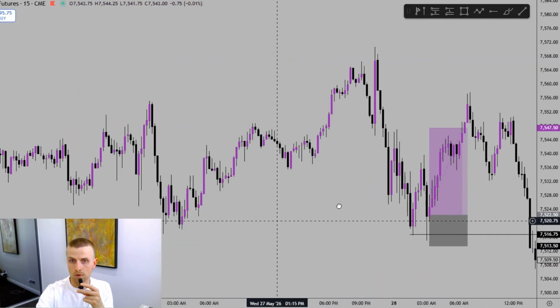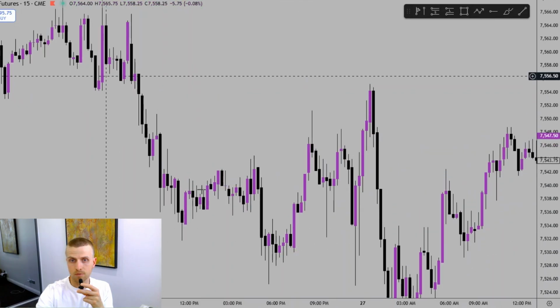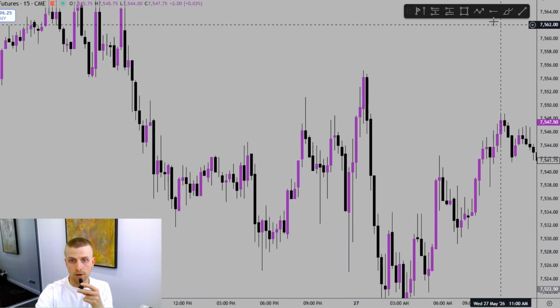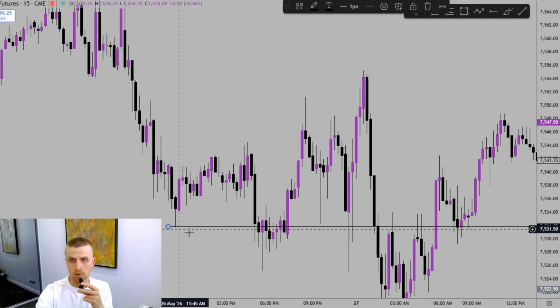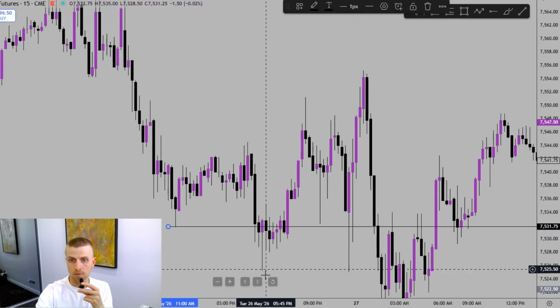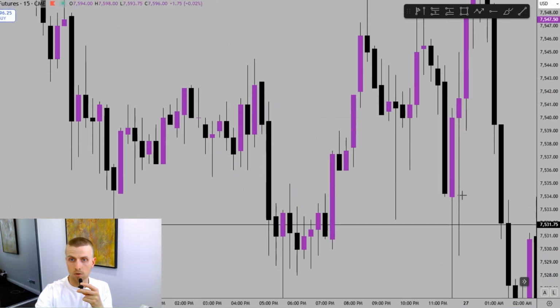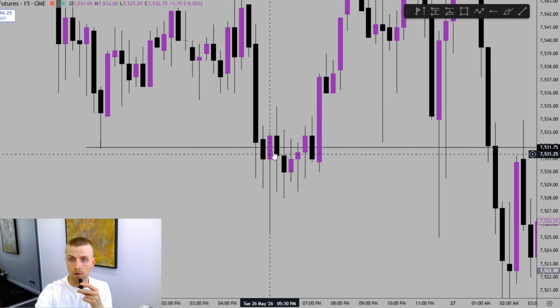We'll look for another example over here. We're trending down. You can see that price has swept this low here. So we're trending down. Price comes down. This is one of the candles that I was showing you before. So it's got a small body, a very long wick.